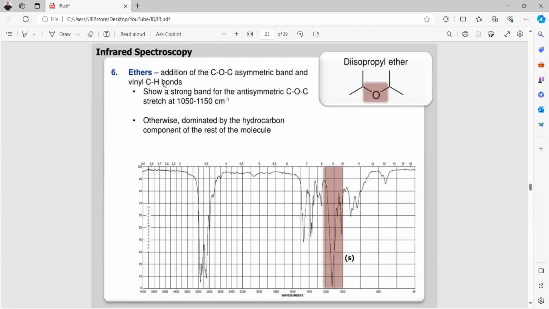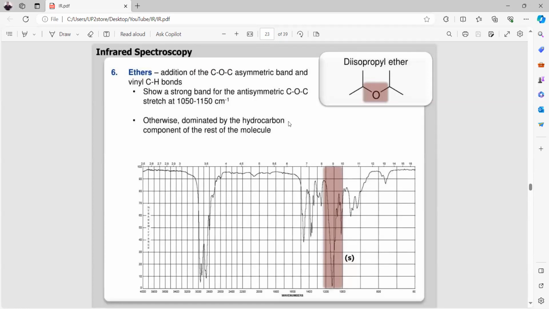Let's discuss ethers, with the addition of C single bond O single bond C, an asymmetric band, and CH bonds. As a good example, like isopropyl ether, a short strong band for the anti-symmetric C single bond O single bond C stretch at 1050 to 1150 centimeter minus 1.